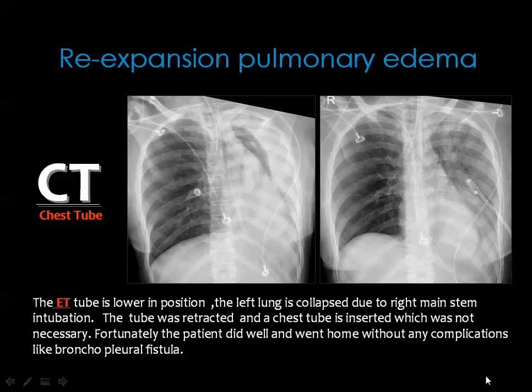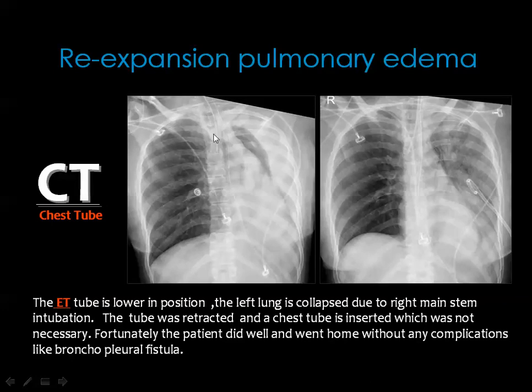In this patient, there is collapse of the left lung with suspected pleural effusion, and the major cause was the endotracheal tube that has been selectively reaching the right mainstem bronchus.